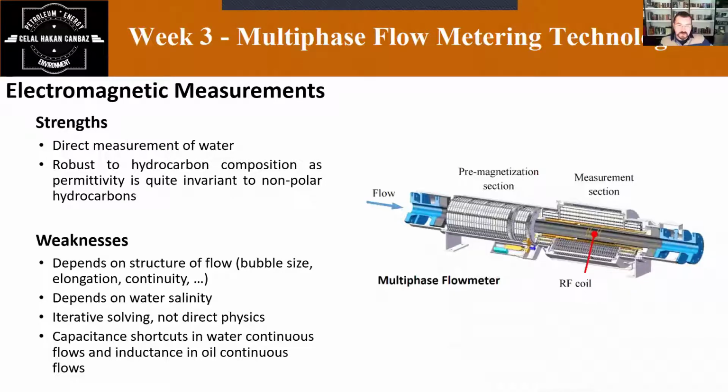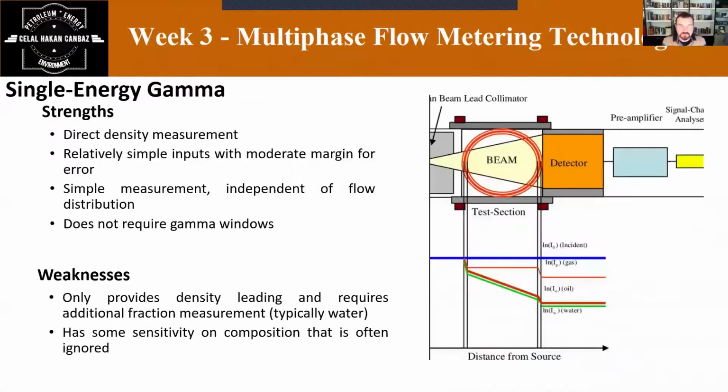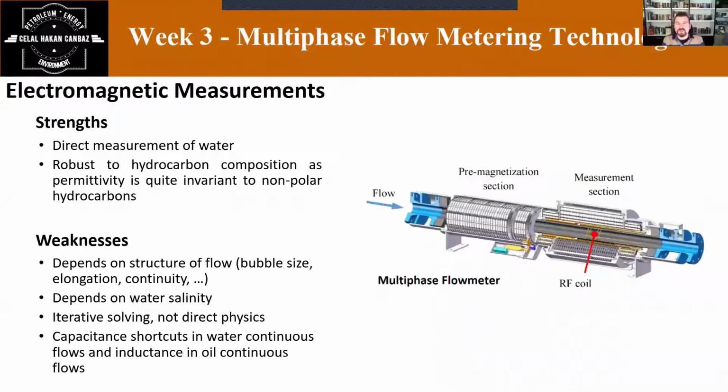So electromagnetic means this uses direct measurement of water content. It's robust to hydrocarbon composition as permittivity is quite invariant to non-polar hydrocarbons, okay.